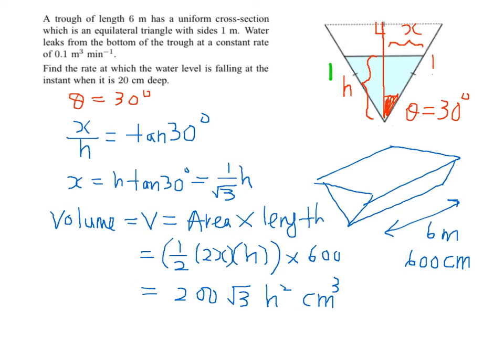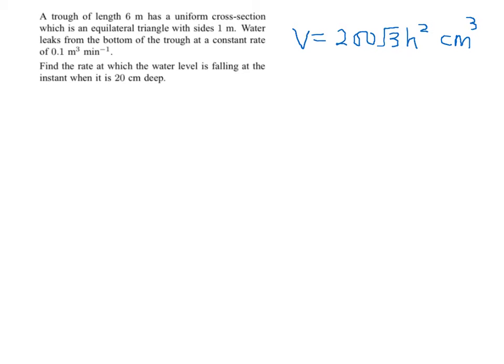Now we have sketched the diagram and labeled it, and we have derived the equation that we required. The next step will be to differentiate this equation. Now let's do that. Because the rate of change of volume is with respect to time, we choose to differentiate this with respect to time too, and understand that h must be differentiated implicitly.